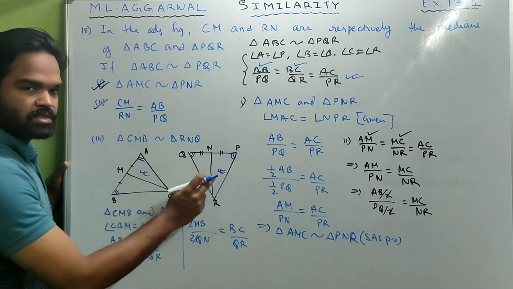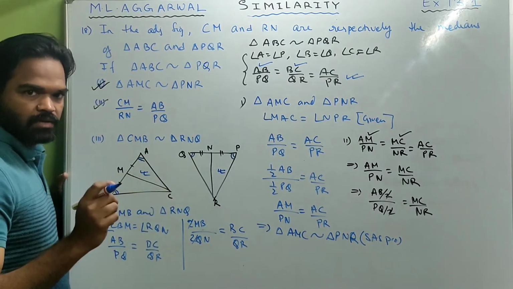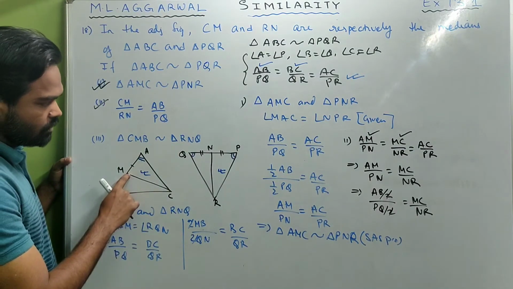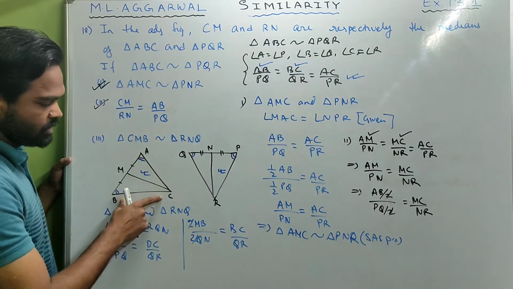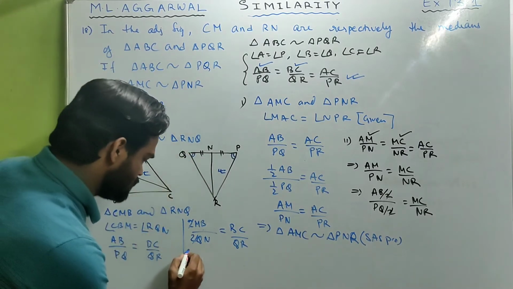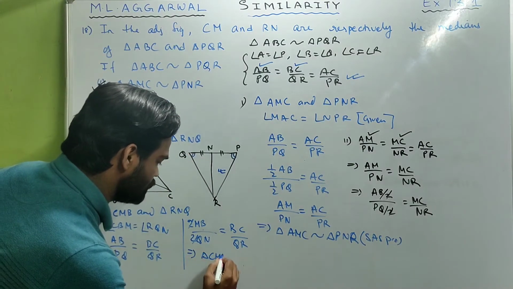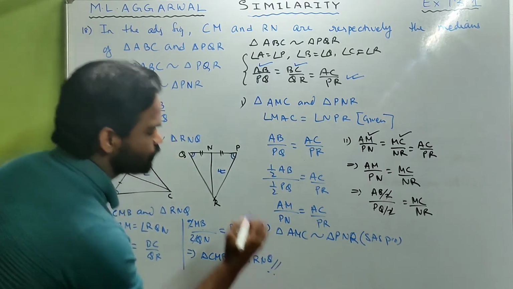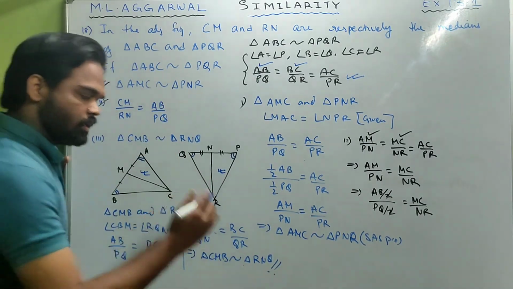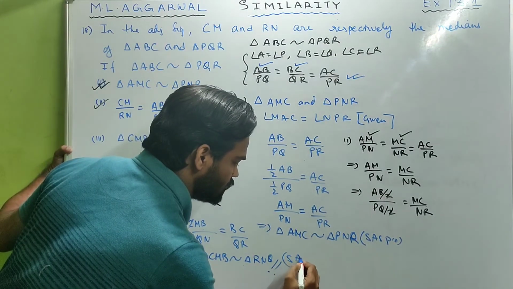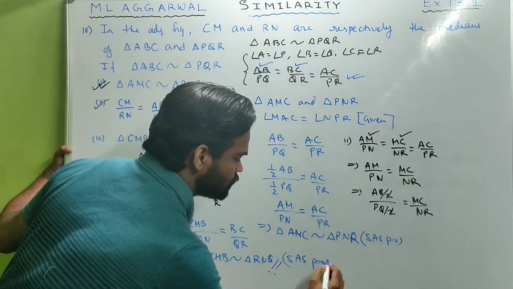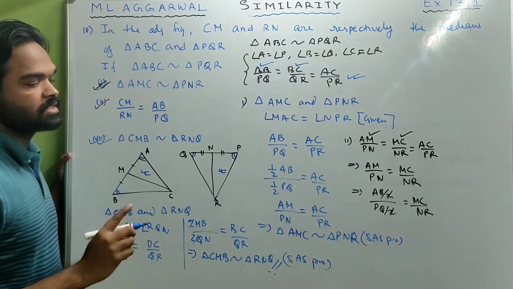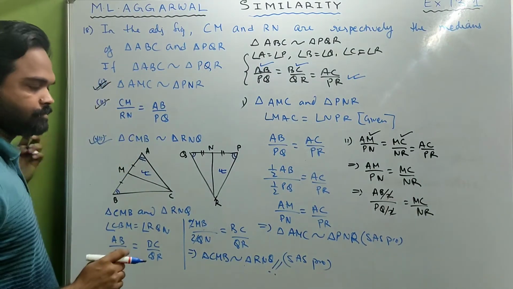Again see, one angle is equal and the sides containing that angle are proportional. MB by QN is equal to BC by QR, which means triangle CMB is similar to triangle RNQ. Very easy. Again, side angle side property. Is it clear? In both cases we used the side angle side property.